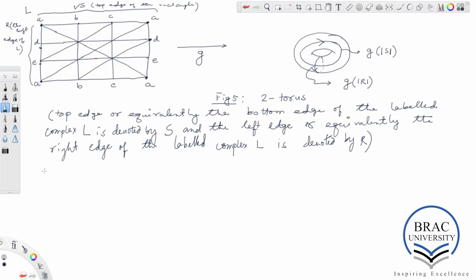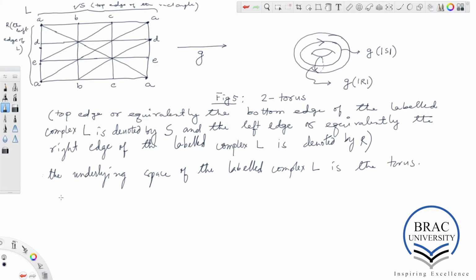So the underlying space of the labeled complex L is the torus.